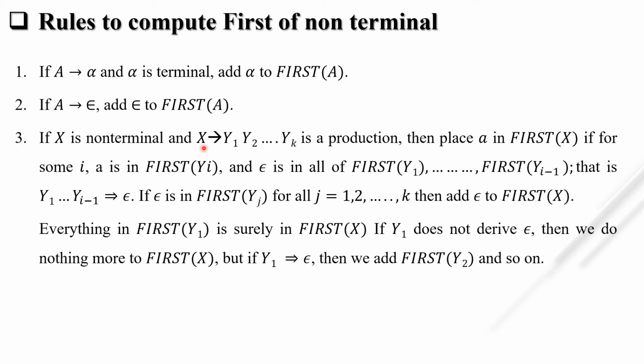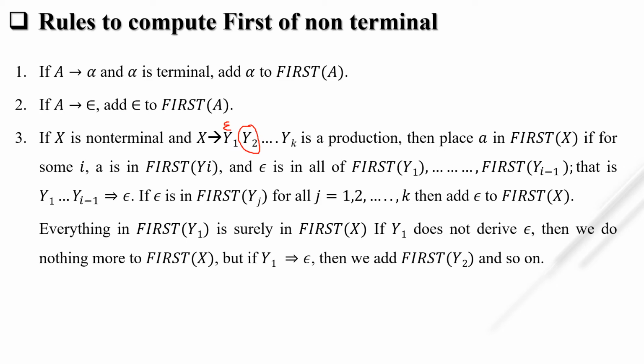And the next interesting thing is that if Y1 also contains null, then we have to put null here. Suppose Y1 contains a and null, so we have to put null here. Now what is the first of this X? Y2. So if the first position of the Y2 production is small b, then the first of X is a and also b.